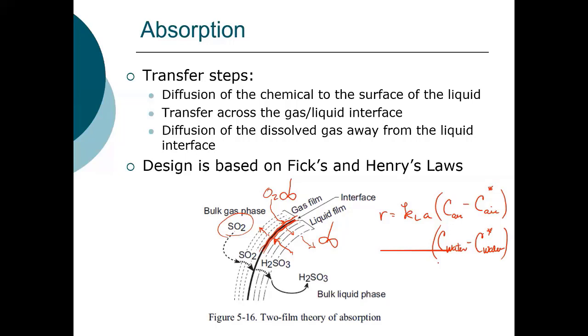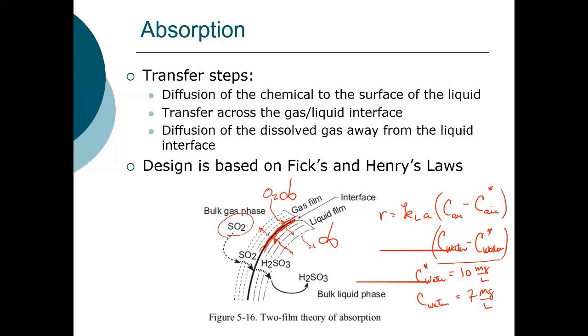So, for instance, if we're looking at oxygen, let's look at the situation. If we have, let's say, C star equal to 10 milligrams per liter, and C water equal to 7 milligrams per liter, which direction is mass transfer?